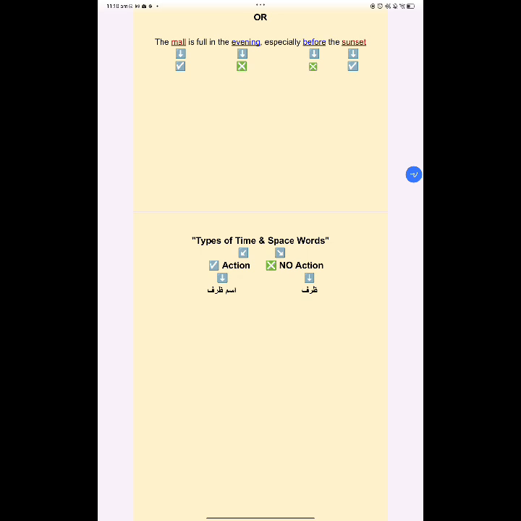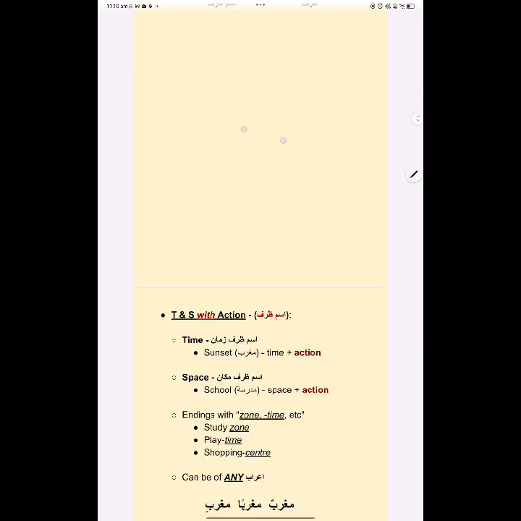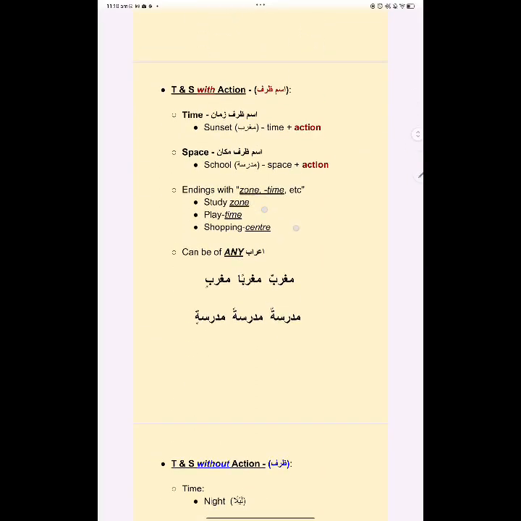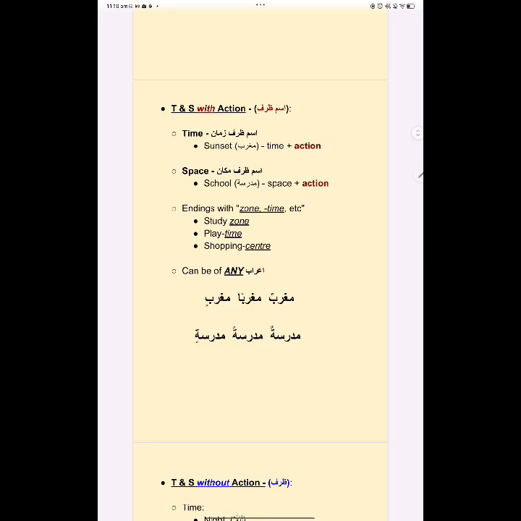And you already have the examples for these words here. Now, time and space with action. We're going to study just a couple more things about it, and then we're going to proceed to the list and patterns of the ism zarf.